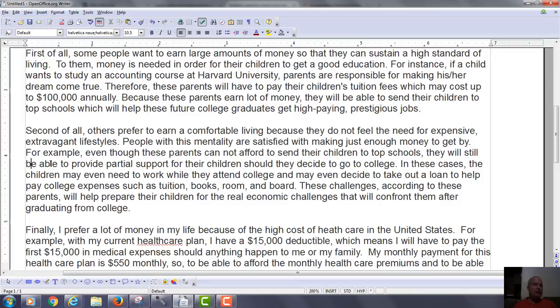In these cases, the children may even need to work while they attend college, or may even decide to take out a loan to help pay college expenses such as tuition, books, room, and board. These challenges, according to these parents, will help prepare their children for the real economic challenges that will confront them after graduating from college.